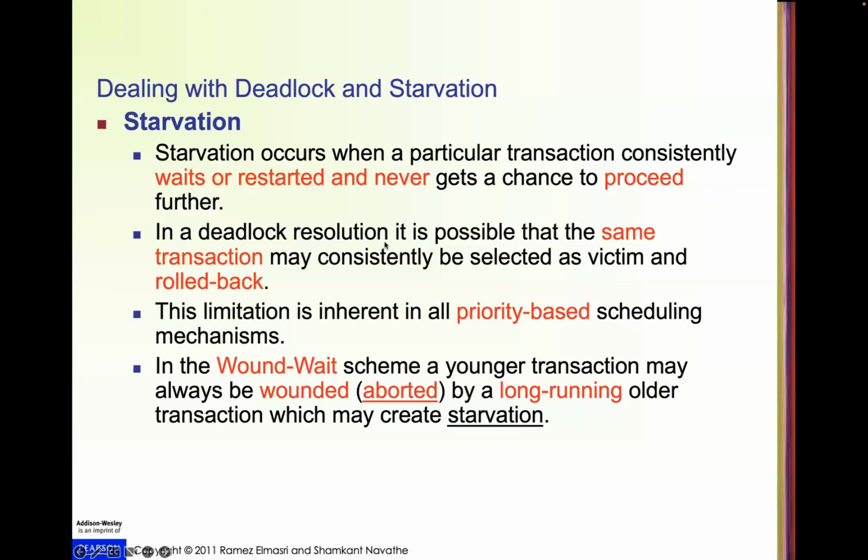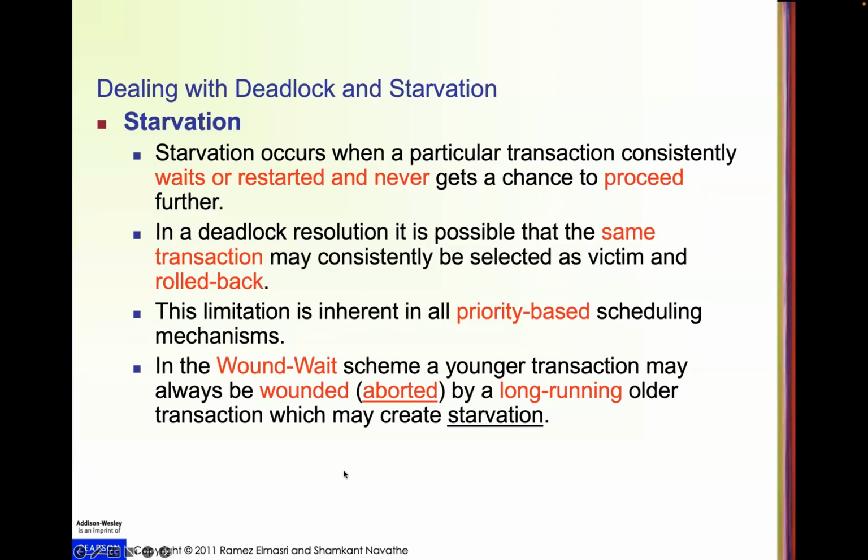In deadlock resolution, it is possible that some transaction may be continuously selected as a victim and rolled back. For example, you have T1 and T2. There was a cycle, T1 was waiting for T2, T2 was waiting for T1. So T1 is the one which is selected and rolled back every time.